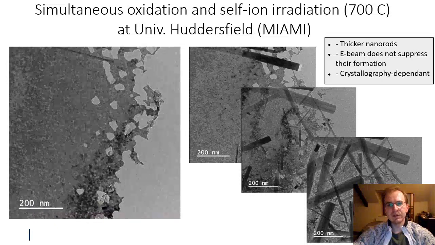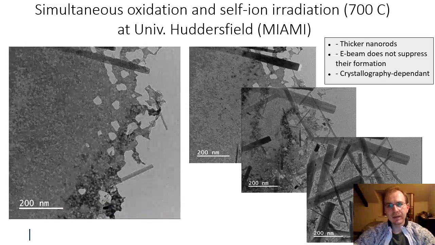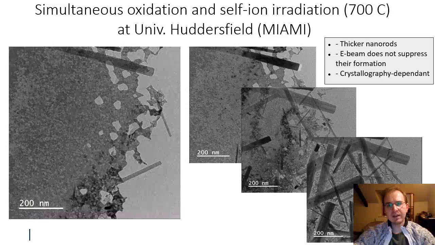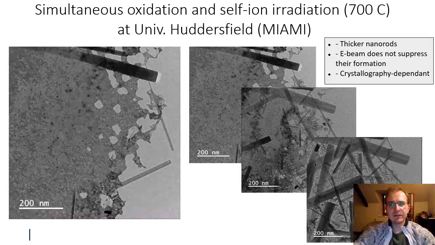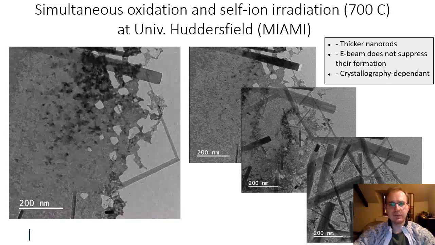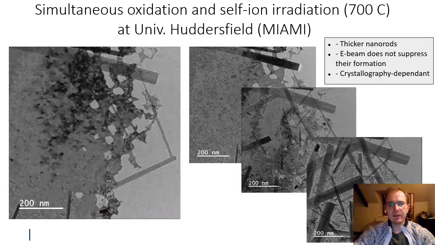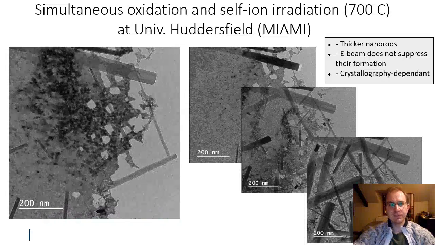And it also seems that the growth directions are crystallography dependent. And quite interestingly, the effect of self-ions leads to the enhancement of the mass transfer process and the increased growth of the tungsten oxide nanorods.